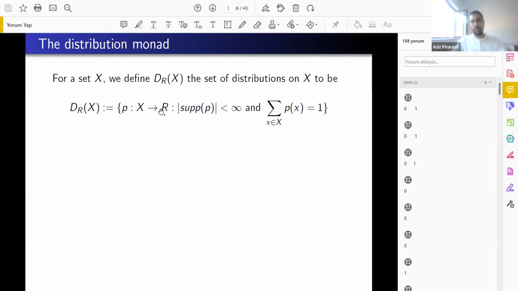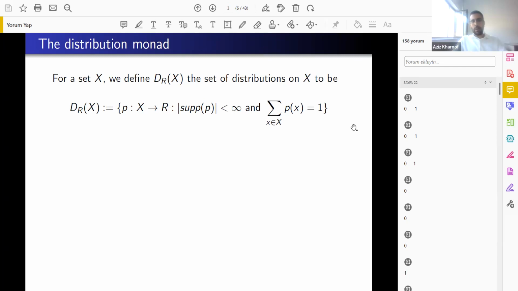R here is any commutative semi-ring, but one can think that we talk here about the non-negative reals. So if we have a map from X to R such that just a finite number of values are not zero, so the support is finite, and the sum is 1, this is called a distribution. The set of all distributions on X has its own notation.